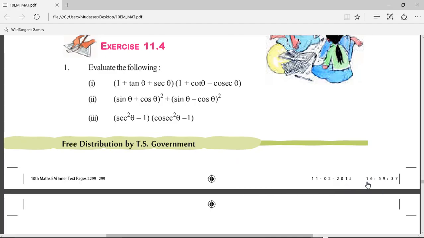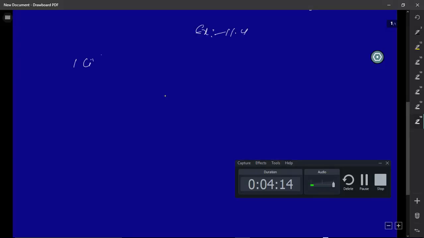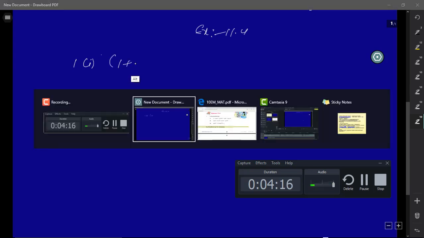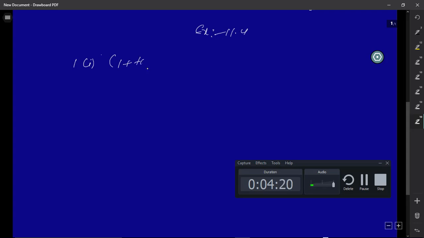So the first question asks us to evaluate 1 plus tan theta plus secant theta into 1 plus cot theta minus cosecant theta. Let me go ahead and write down this question. 1 plus tan theta plus secant theta into 1 plus cot theta minus cosecant theta.